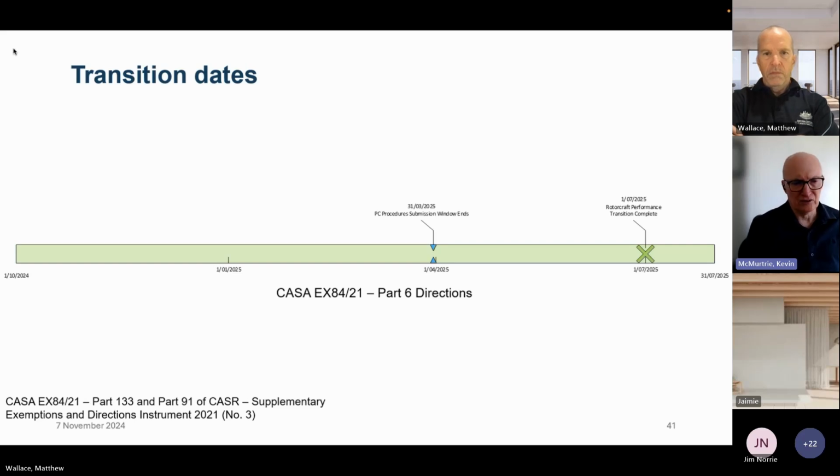Once the submission has been reviewed and you've provided all the relevant documentation, you'll receive communications about when you've effectively transitioned, meaning you're successfully transitioned to performance class 3 procedures, acknowledging that you may be already doing these things now. However, they're being formalised in your exposition. Next slide. Thanks, Matt.